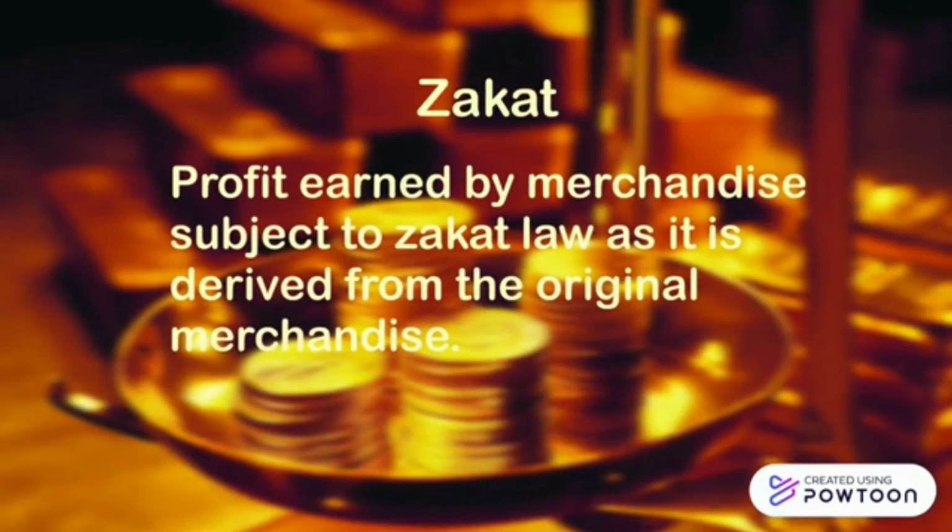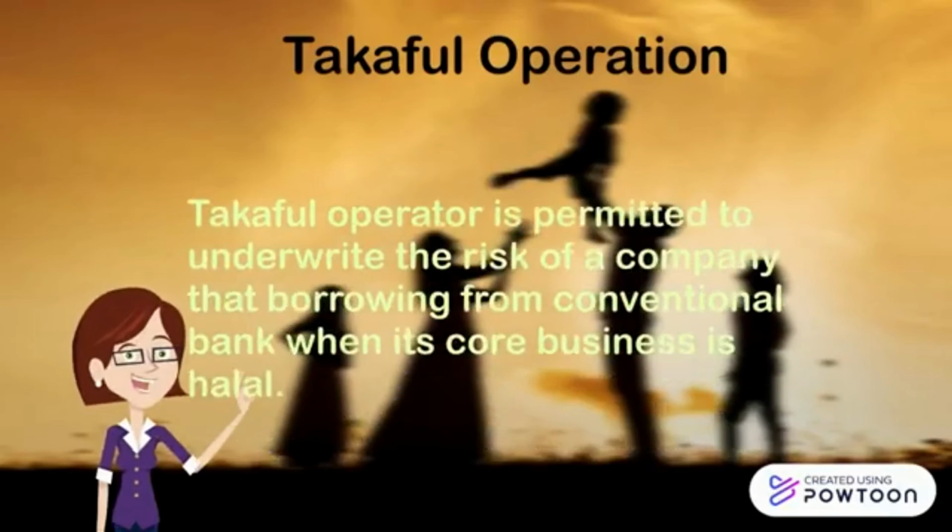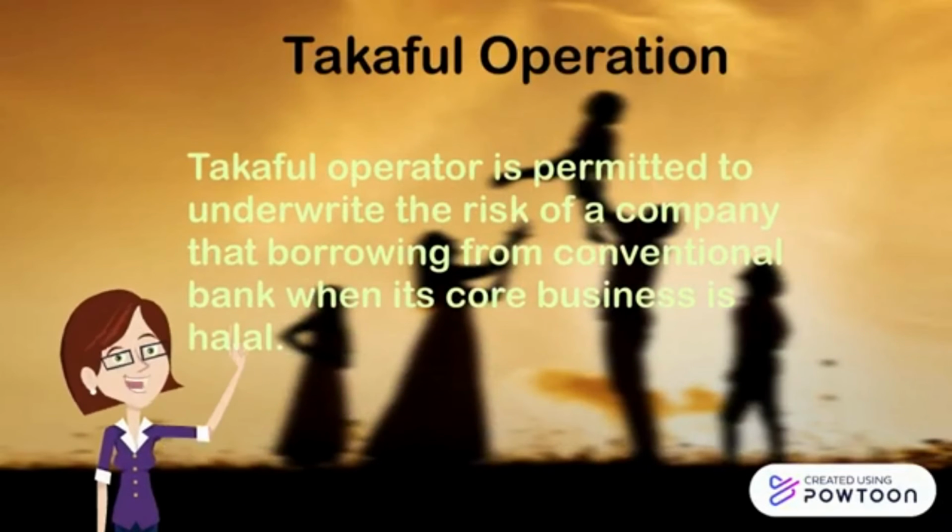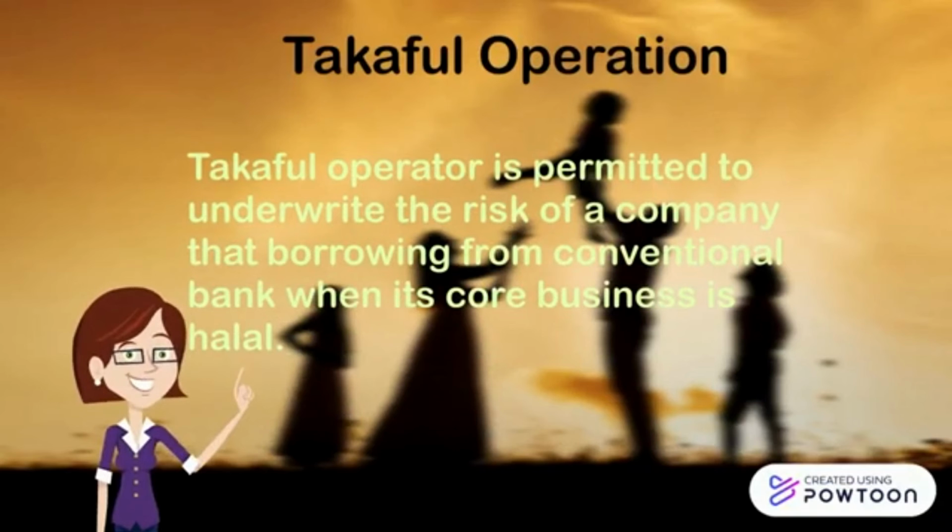In zakat, profit earned by merchandise is subject to zakat law as it is derived from the original merchandise. In takaful operation, takaful operator is permitted to underwrite the risk of a company that borrows from a conventional bank when its core business is halal.